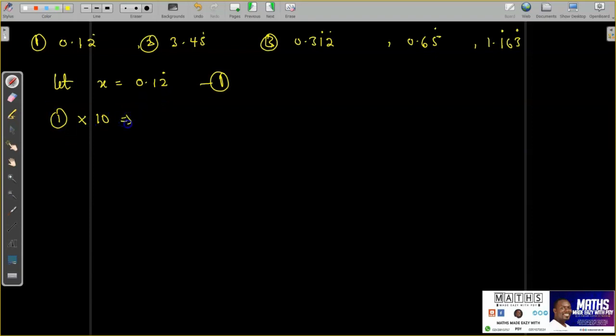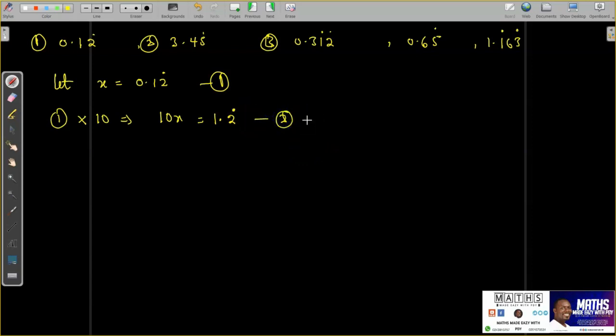That's what you need to do. So you are going to obtain 10x equal to, what are we going to be left with on this side? 1.2 recurring. So we label it equation number 2.